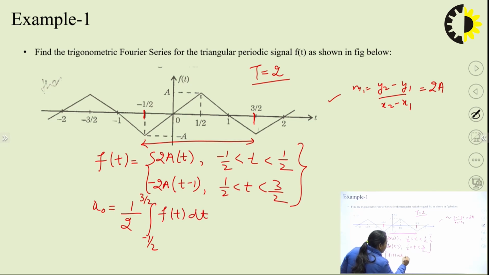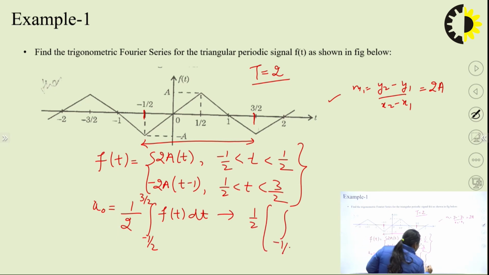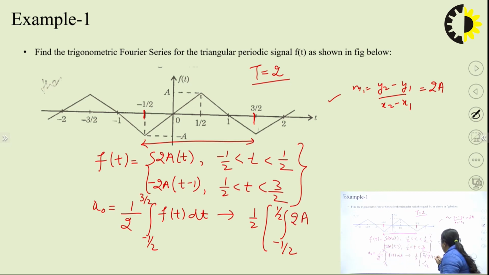Here if we split it from -1/2 to 1/2, the function is 2a into t into dt, plus from 1/2 to 3/2, the value is minus 2a (t minus 1) into dt.